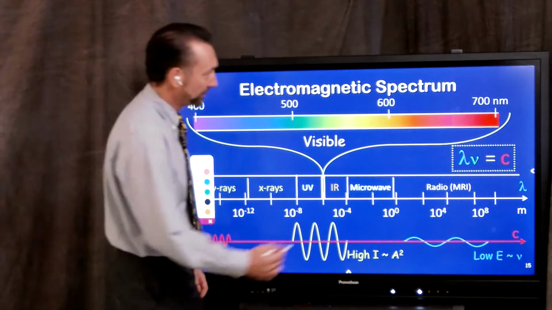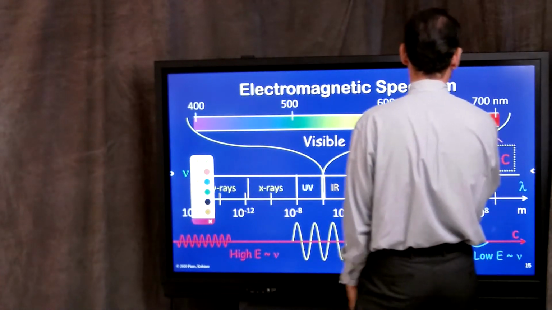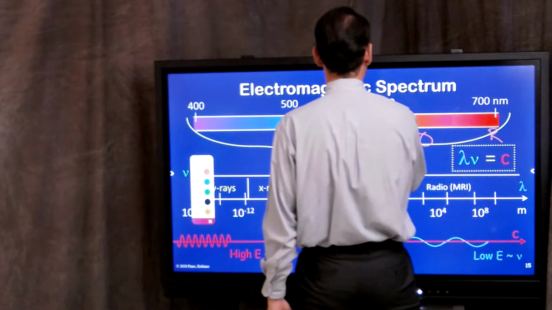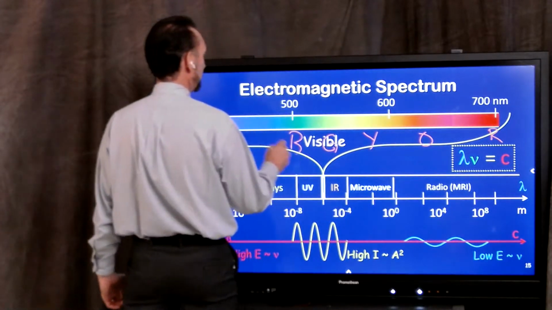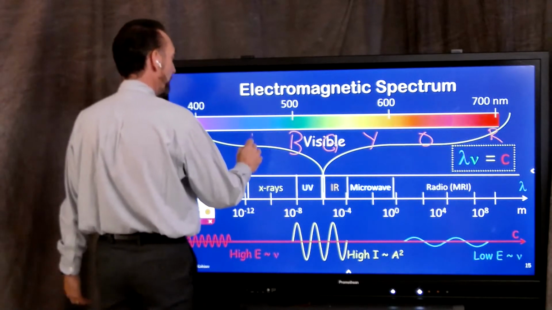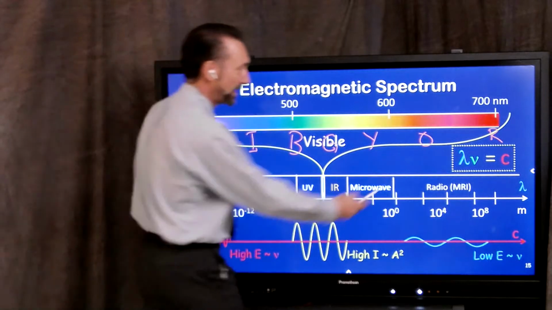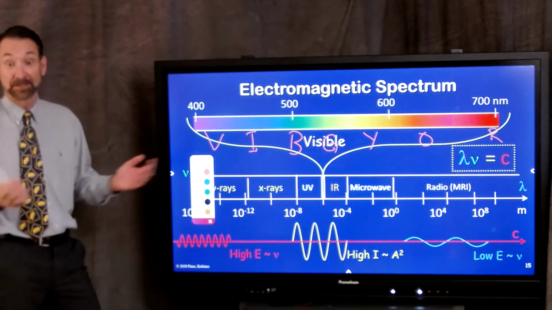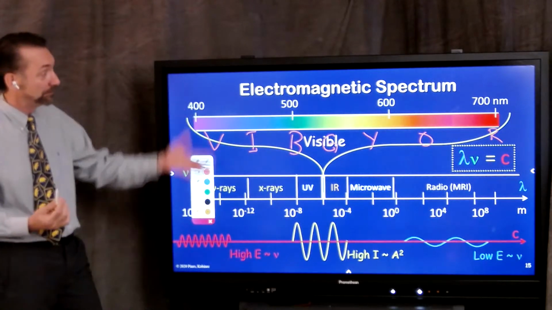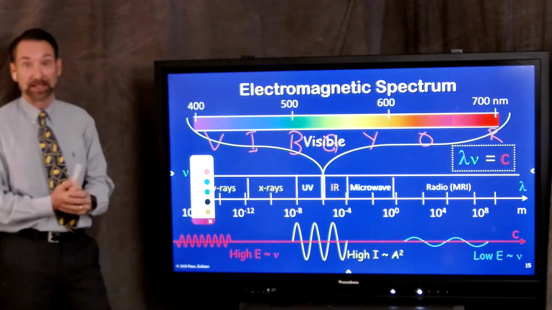This spells out a name: red, orange, yellow, green, blue, and then indigo is a color, and violet. Some people remember that by this name, Roy G. Biv. And you should try to remember the basic order of those and the approximate wavelengths.